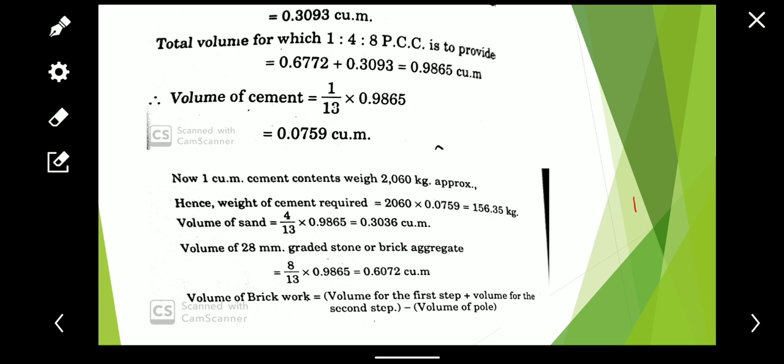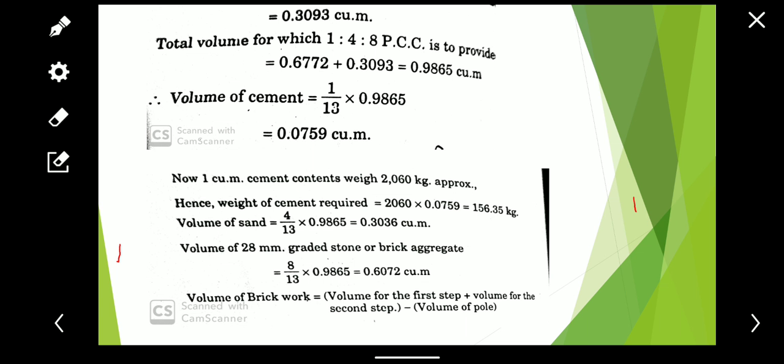Now 1 cubic meter of cement weighs approximately 2060 kg, it is an assumption. So the total weight of the cement is 2060 into 0.0759, which is 156.35 kg.